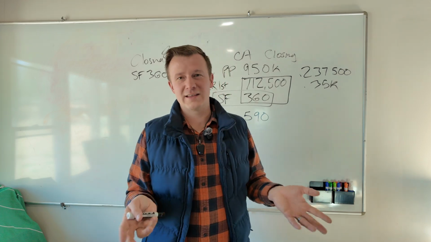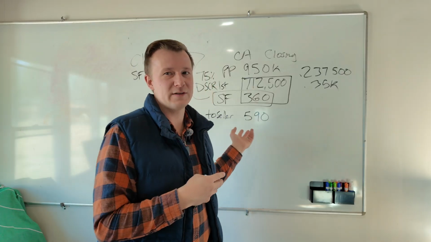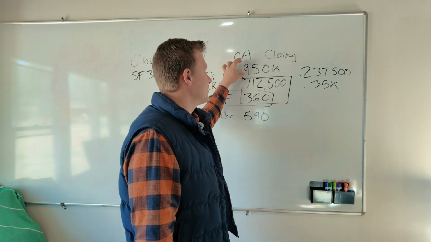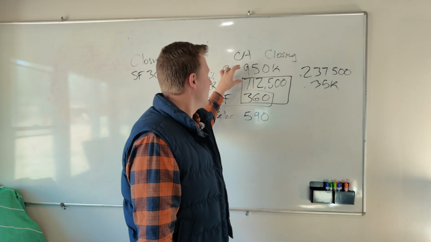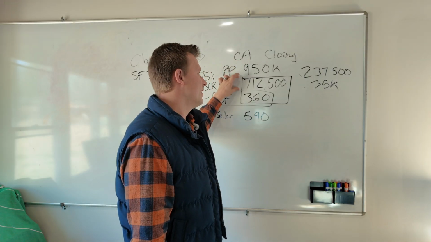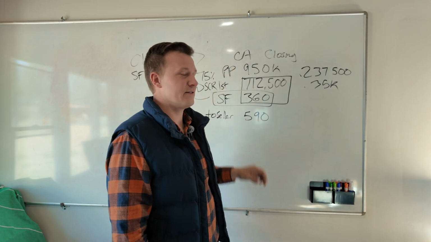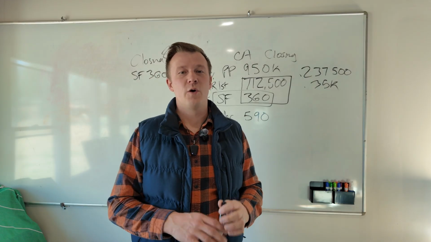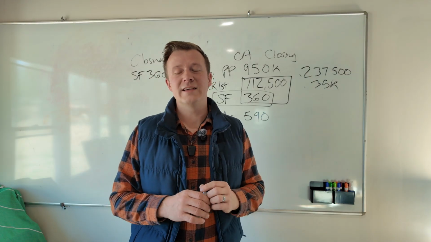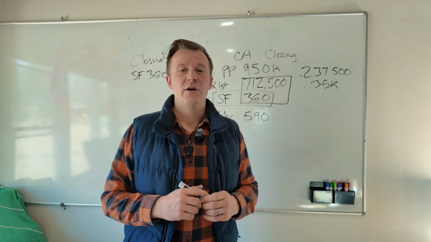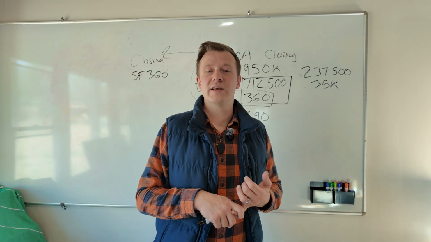What are our risks in a Morby Method? This one, as you can tell, if the property appraises for $950,000 and we have $712,000, $500,000 and $360,000, that means our total leverage on this property is 113%. Okay, that's one risk. Number two risk, DSCR lender.